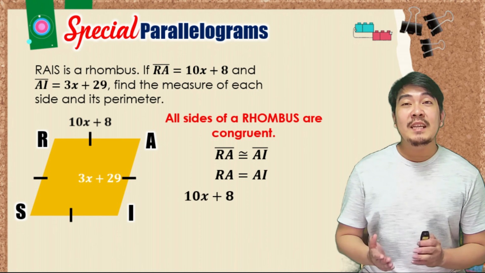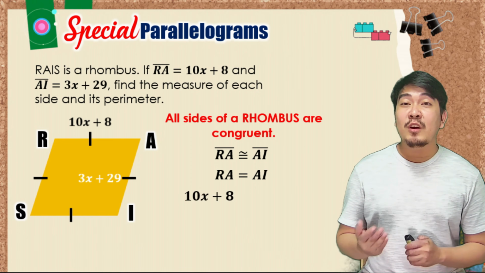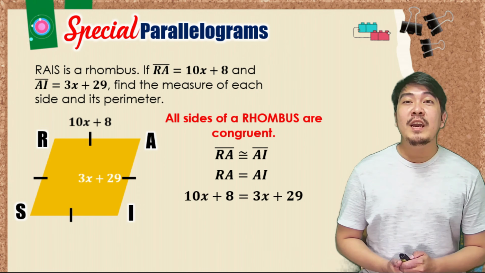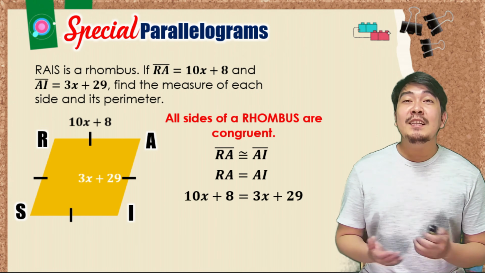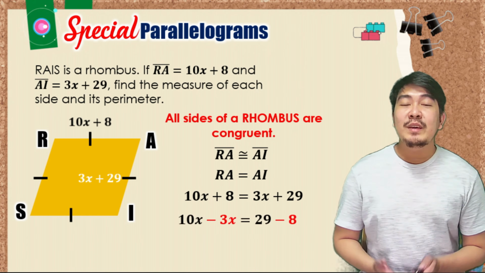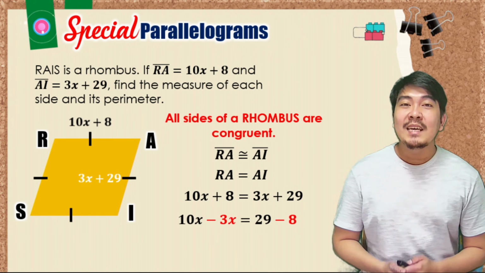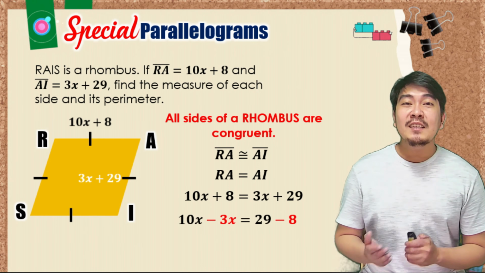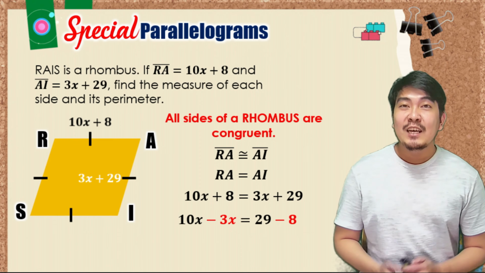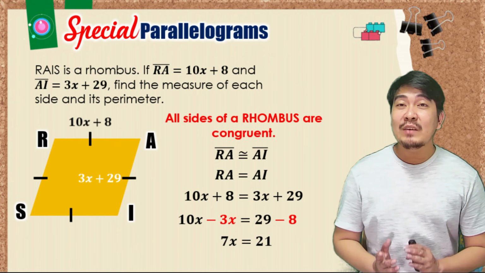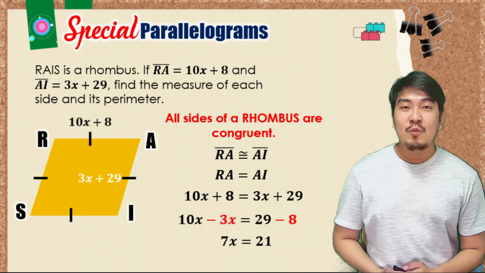So that will become 10x plus 8 for RA is equal to 3x plus 29 for AI. Then, applying addition property of equality, or we just transpose the terms, we have 10x minus 3x is equal to 29 minus 8. 10x minus 3x is 7x. 29 minus 8 is 21. That is why we have 7x is equal to 21.